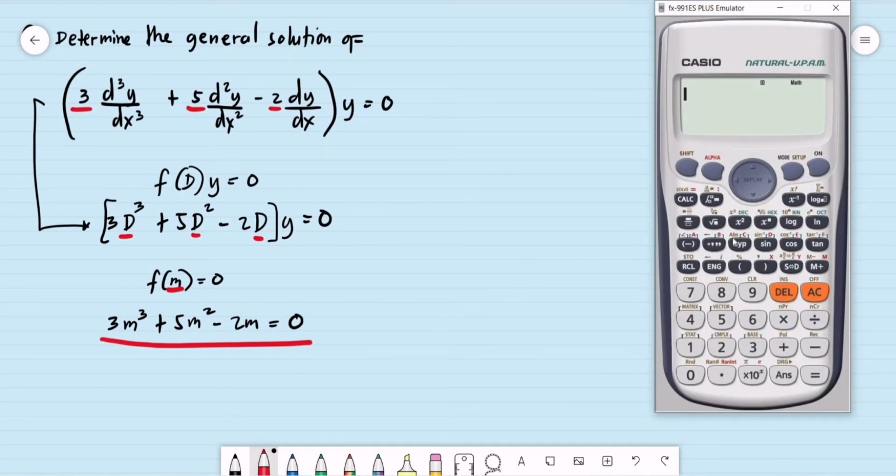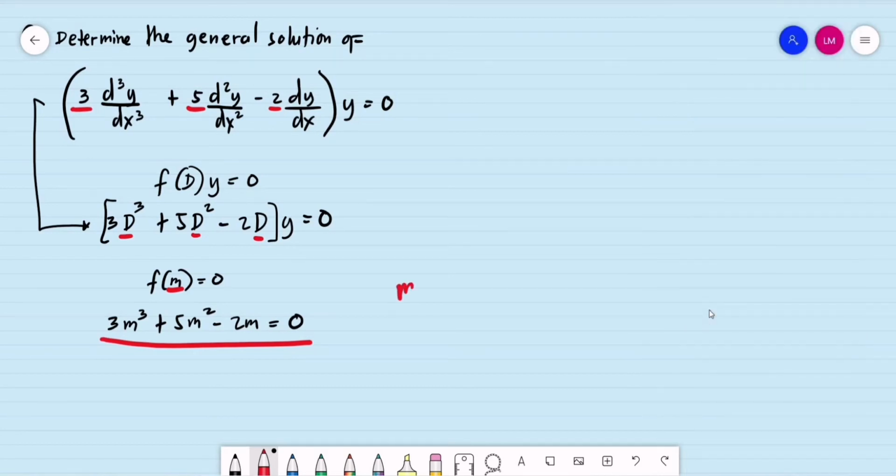So I'll just be using the mode equation of the calculator. This is mode equation number 4. That is, we have 3, 5, negative 2, then 0. So we have the first root, 1 over 3, negative 2, then 0. So let's have the roots.